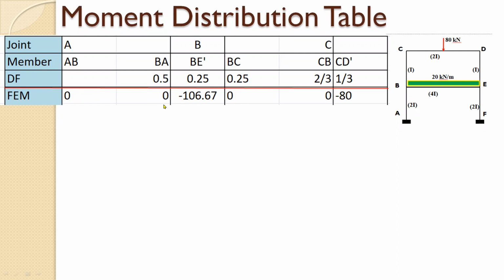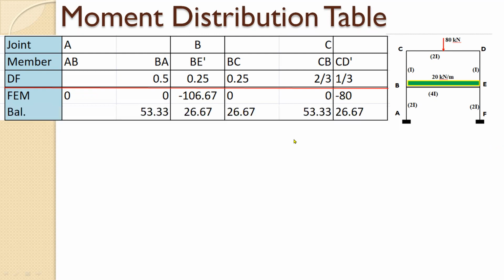So with opposite sign, we will write here balancing. So minus 106.67 multiplied by 0.5, then this multiplied by this and this multiplied by this. With positive sign, we will write here. Similarly, here also with positive sign, we will write the balancing moment. So we will get these values.